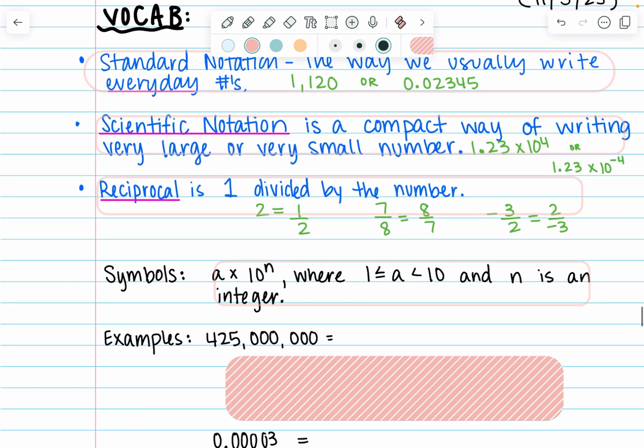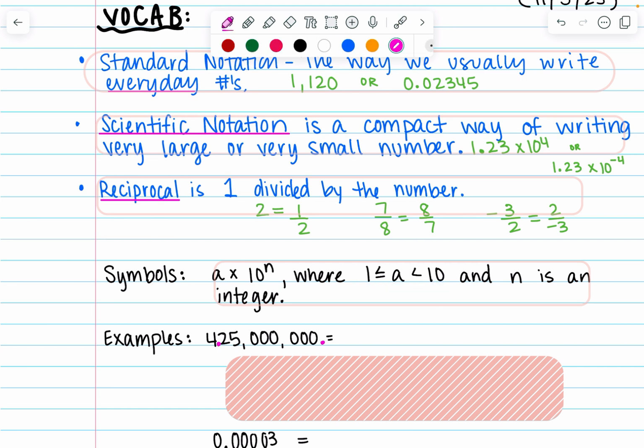So, for example, if we have 425 million, my decimal point is right here to begin with. I need to get it in between the first two numbers, so that 4 and 5. And remember, this then makes it true that it is in between 1 and 10.